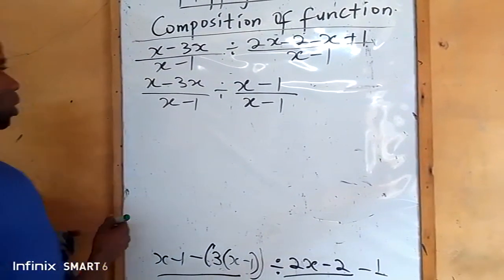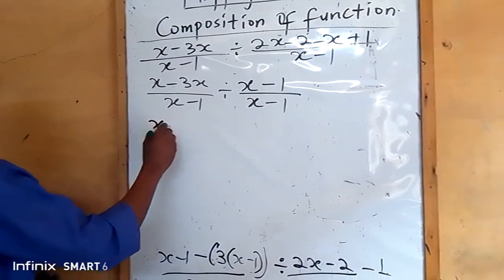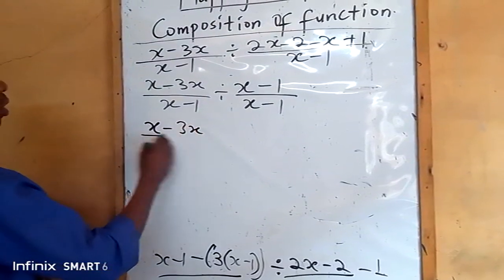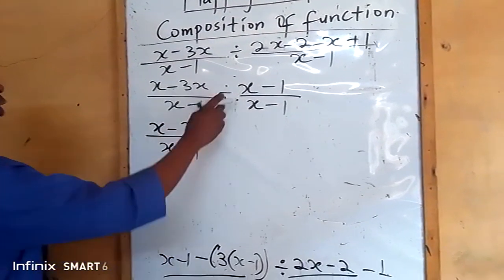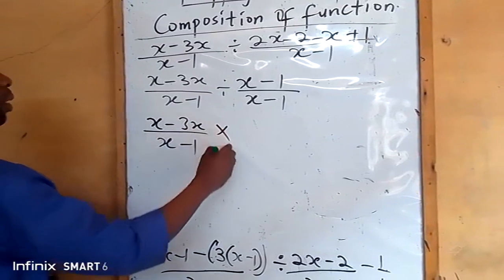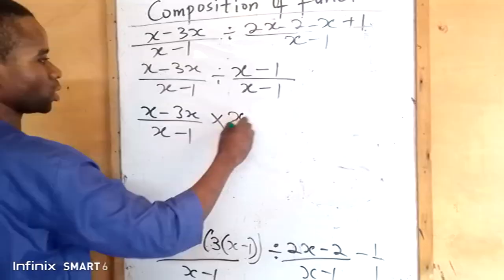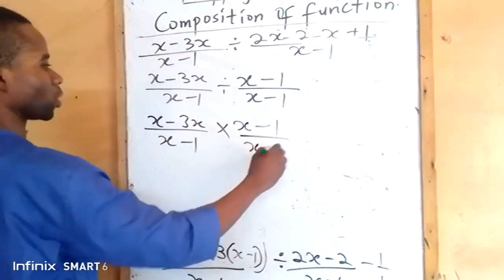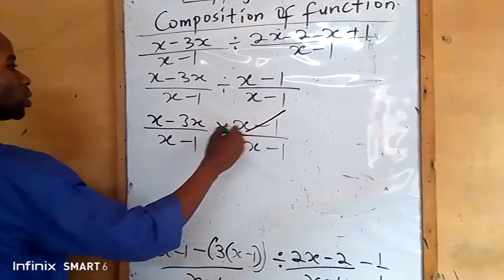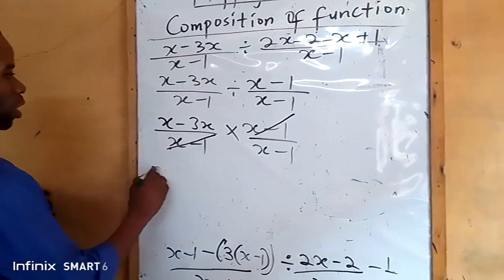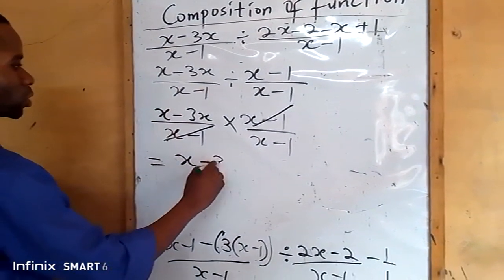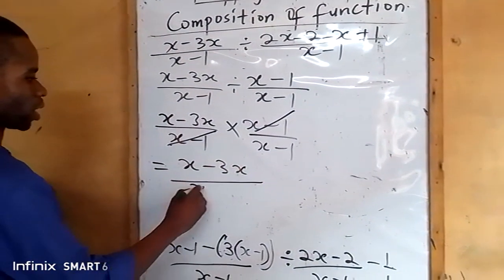So that means we are going to have x minus 3x all over x minus 1. Division will change to multiplication, multiply by, and the denominator will come to numerator, numerator will come to denominator. But you see the same thing, x minus 1. So this one cancels this. So we have left x minus 3x all over x minus 1.